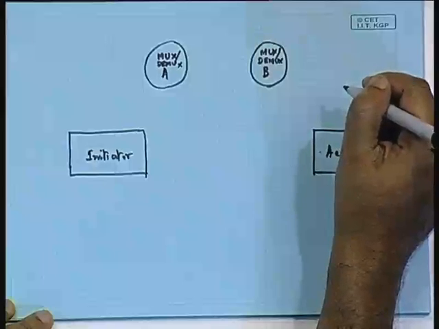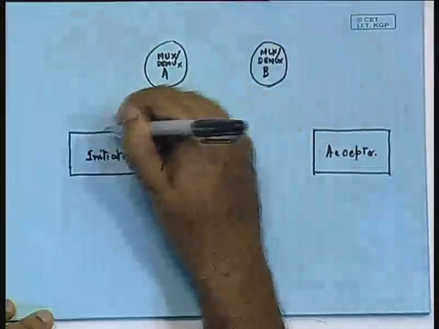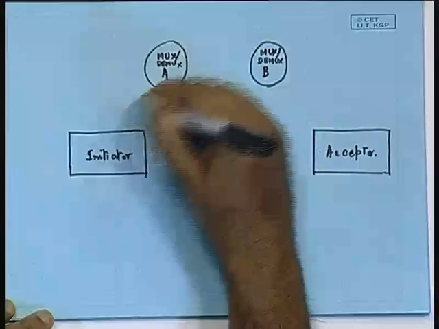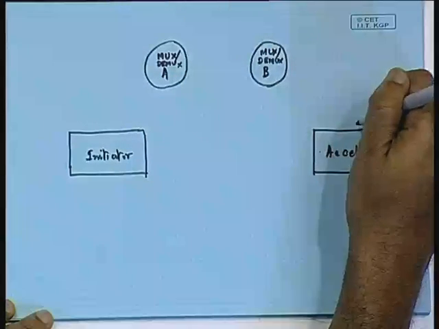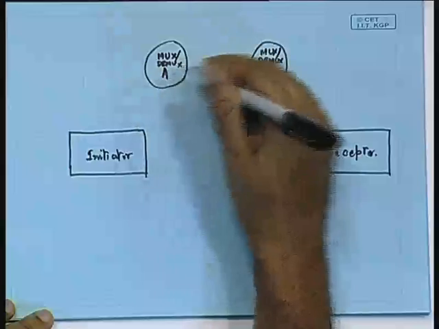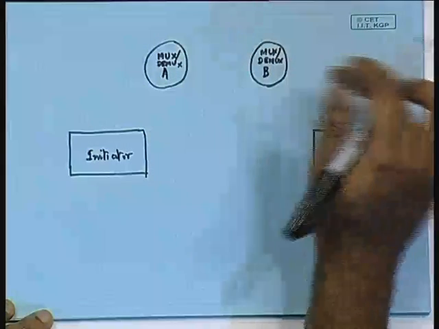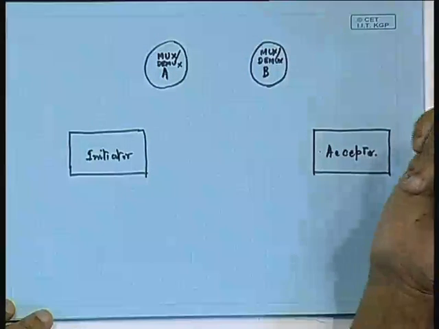In this case, the initiator is connected to A, and the acceptor is connected to B, so A will act as the multiplexer and B will act as the demultiplexer.